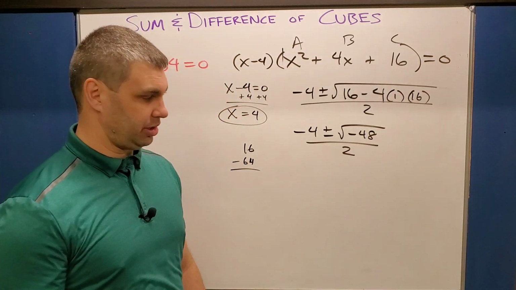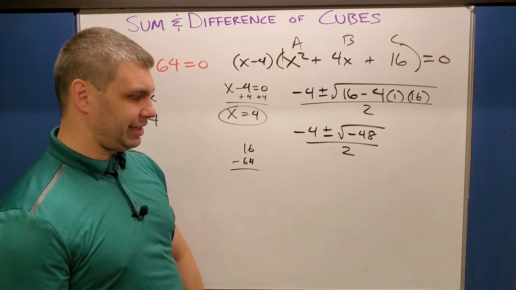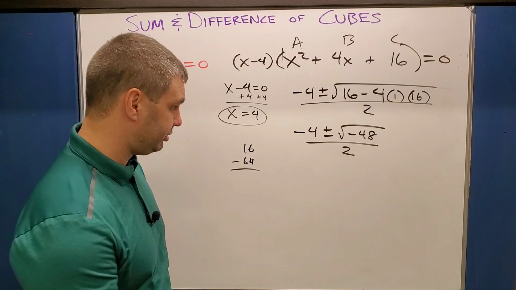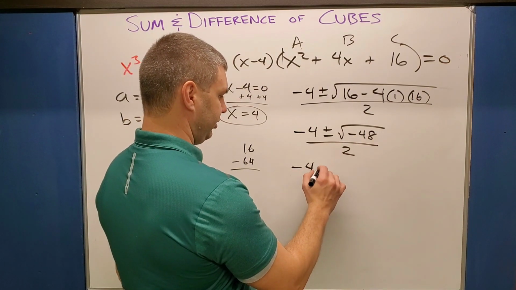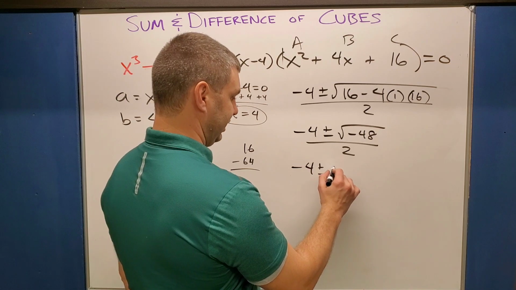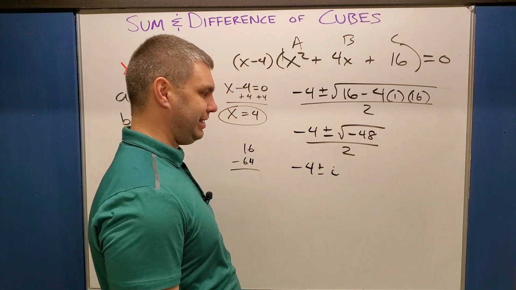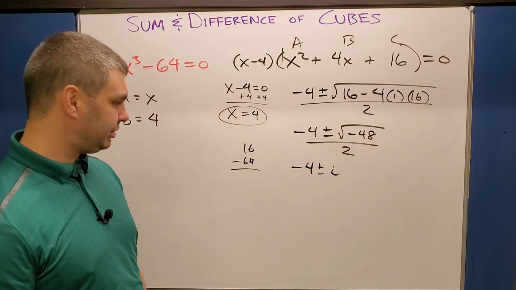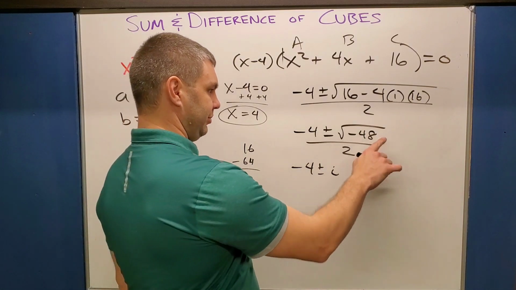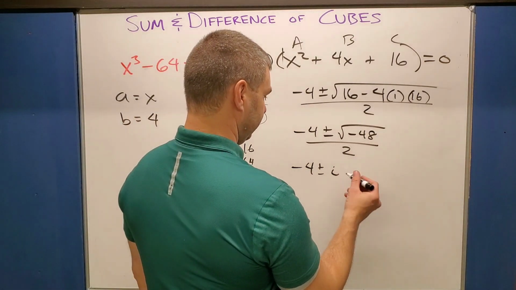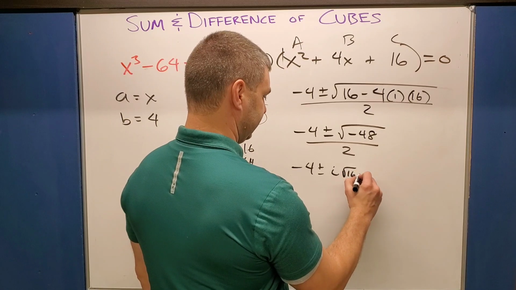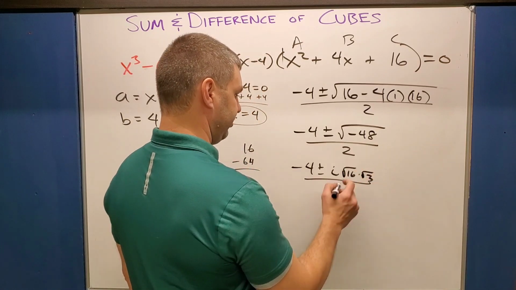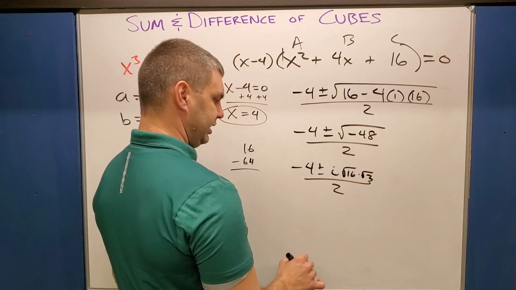Okay? Now, this negative 48, again, I have to take an i out. When you take your negative out, you take an i. So it's going to be negative 4 plus or minus, and I'm going to say i. And then 48, I think I can take out a 16. And this is going to be 16 times 3. So that is going to be the square root of 16 times the square root of 3, all divided by 2. Square root of 16 is 4.